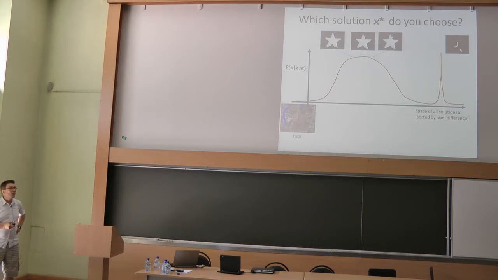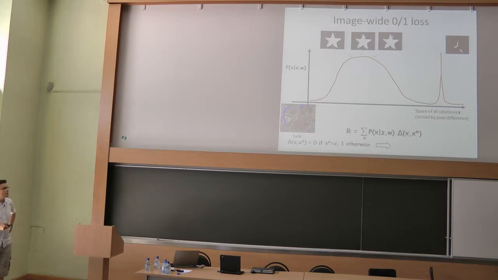So intuitively, one would say, well, it would be nice to choose one solution here, right? And now we see what happens. If we use the following loss function, which is called the image-wise 0-1 loss, it says the loss is zero if the X star which I choose is equal to X, and 1 otherwise.